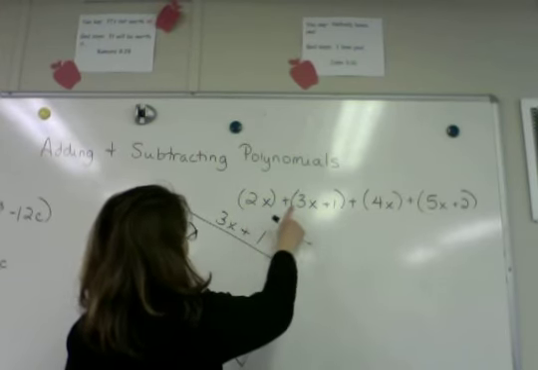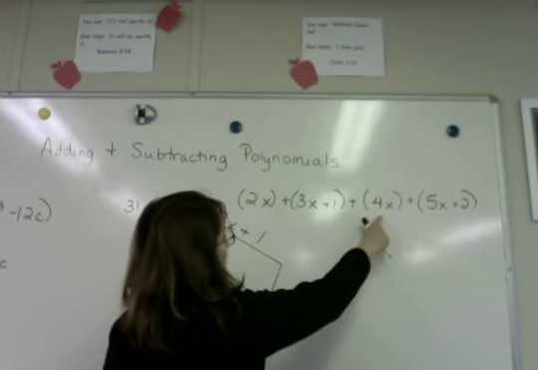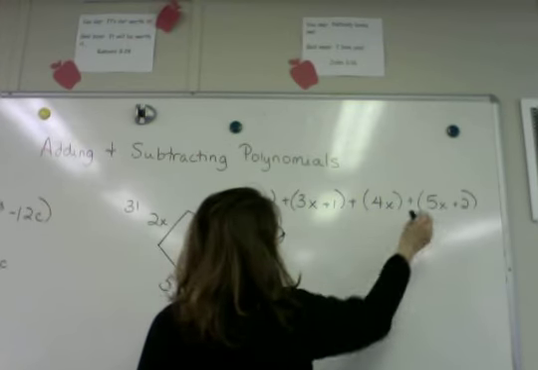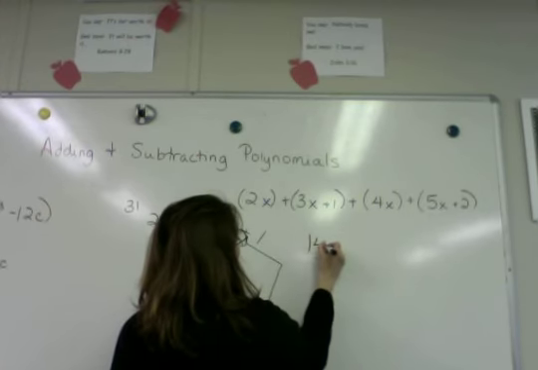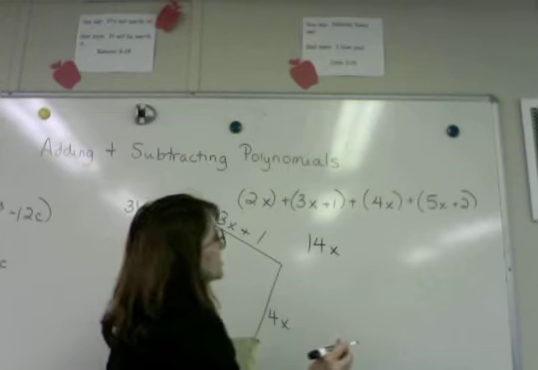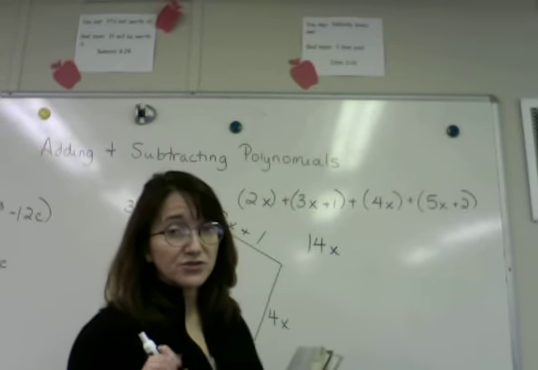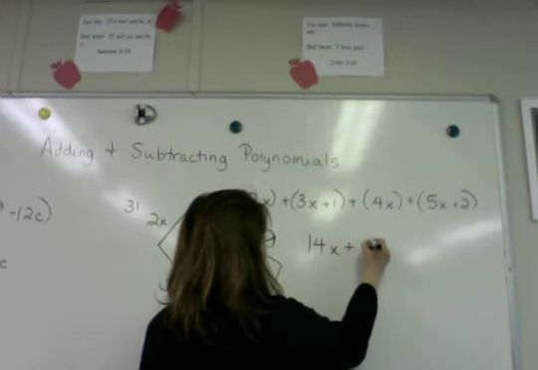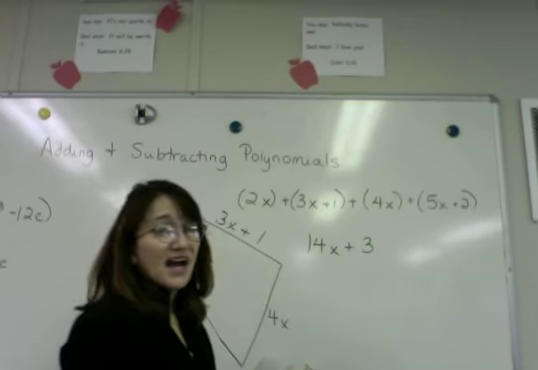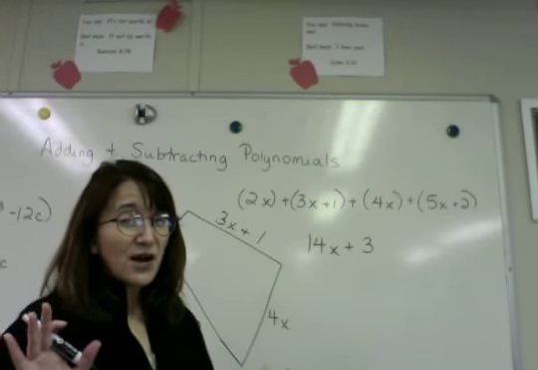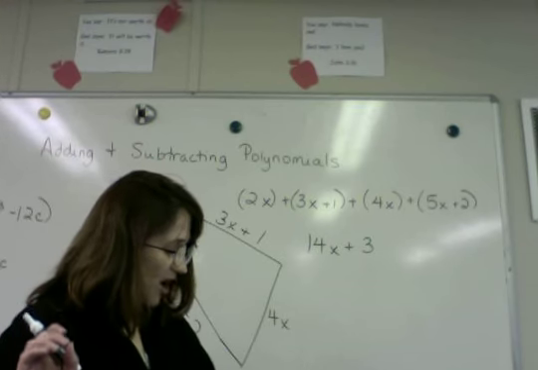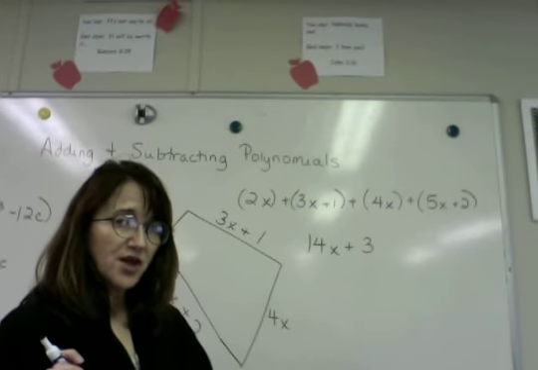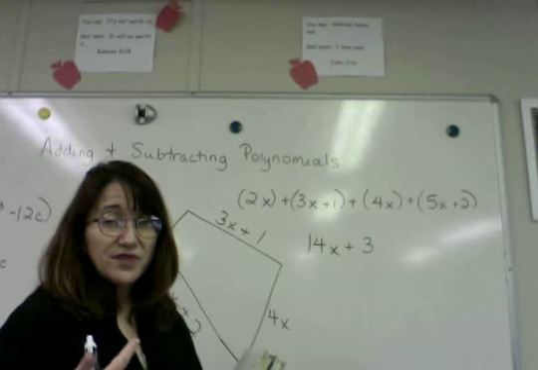So 2 plus 3 is 5, 5 plus 4 is 9, 9 plus 5 is 14x. Then I have two constants left, the 1 and the 2. I combine those, and that's a 3. And suddenly, that was how easy it was to write a polynomial expression for the perimeter of this figure.